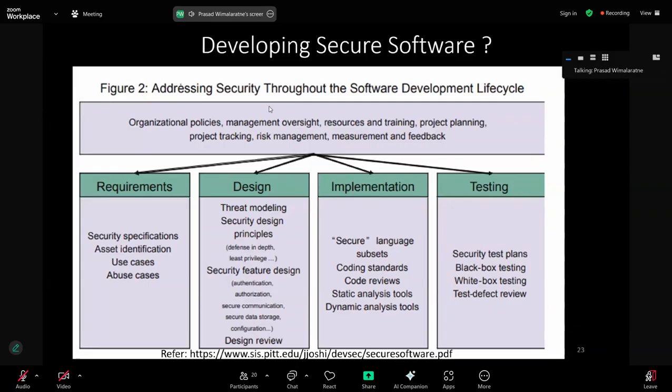When you want to address security throughout the life cycle of your software, that life cycle model can be DevOps, it can be Scrum like agile life cycle, or it can be waterfall like traditional life cycle. That doesn't matter. But when you look at the phases of requirements capture, design, implementation and testing for QA activities, there's a role to be done.